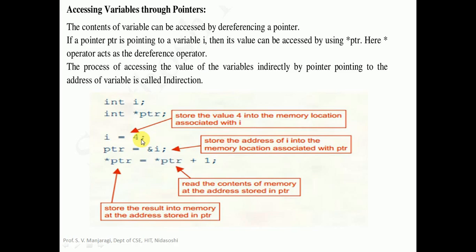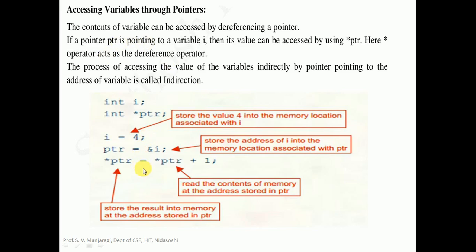It means 4 will be stored in a memory location, and the memory location has an address, and the name given to that memory location will be I. So here ampersand of I is assigning the address of the variable I to the pointer variable ptr. Now using the dereferencing operator star, we can extract the value of the variable I through pointer ptr.